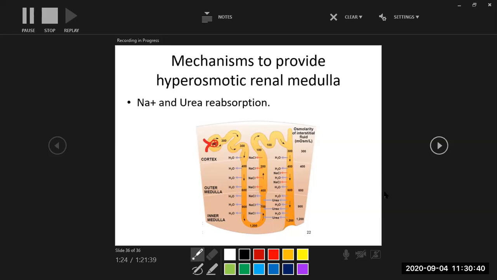Urea is supposed to be a metabolic waste product, but here we can use it to increase the amount of solutes in the interstitium, and that can make the osmolarity even higher in the inner medulla. So that summarizes it, and this also summarizes the entire urinary system.